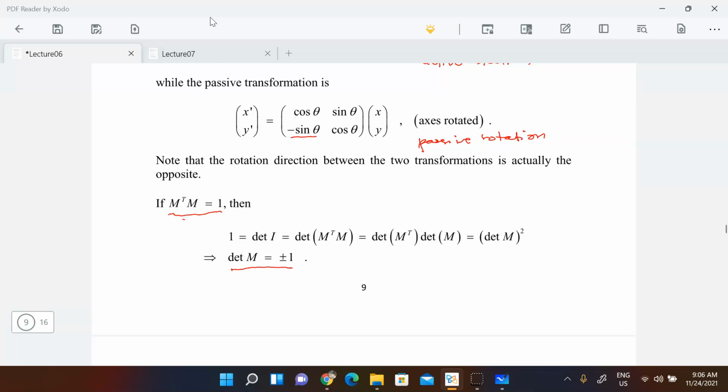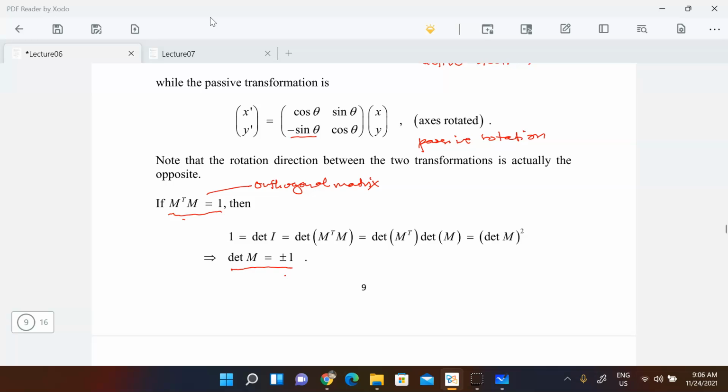So remember that this is what we call an orthogonal matrix. It will have to obey this determinant identity: the determinant is either +1 or -1.